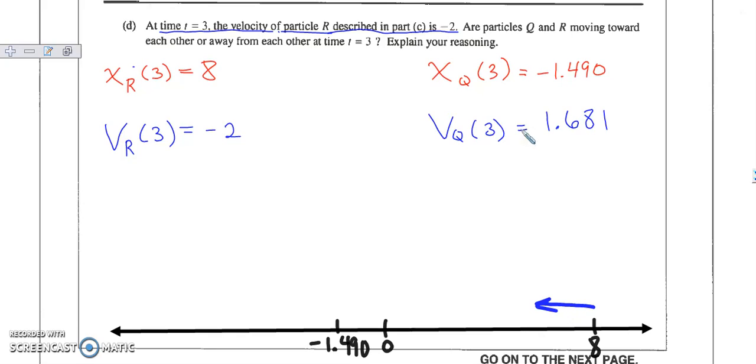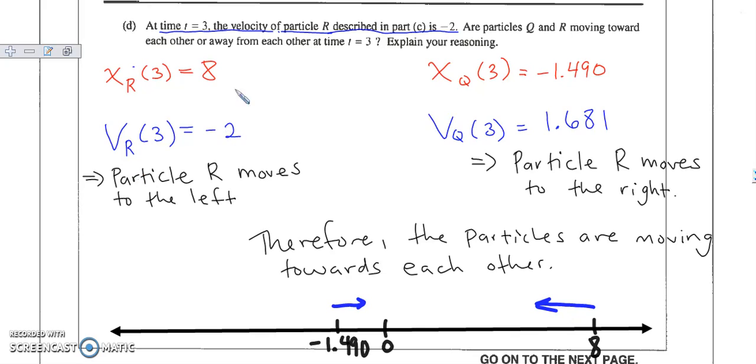And the velocity of particle Q is positive, so it's going to the right. So they're going towards each other. So pretty much this left side implies that particle R moves to the left. The work here on the right implies that particle Q moves to the right. Therefore, the particles are moving towards each other.